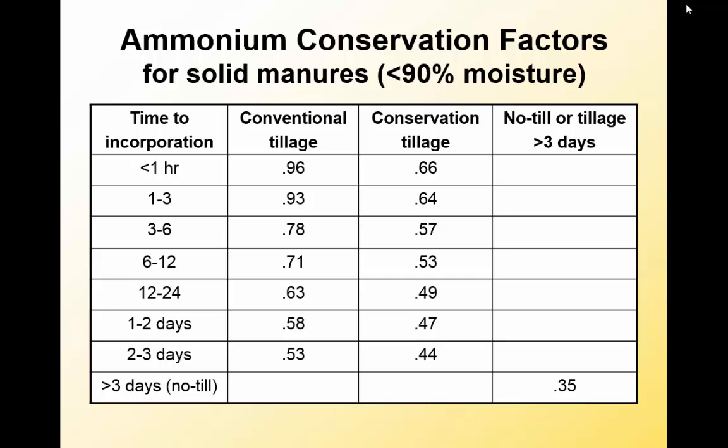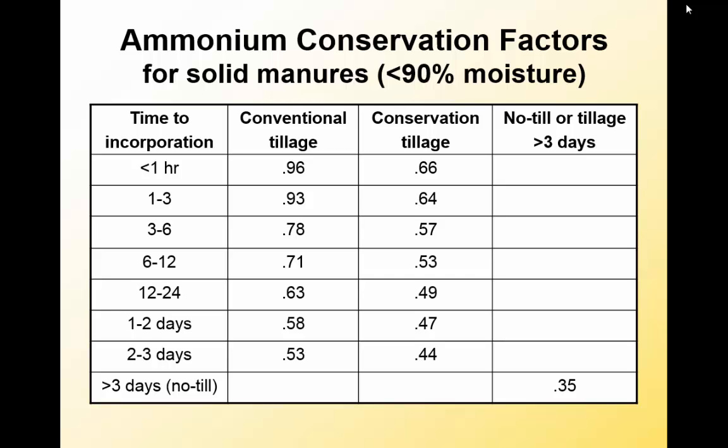But ammonium conservation depends on whether you can get it into the soil to prevent it from becoming a gas, going off as a gas. So if you can incorporate that manure within an hour, this is about application, you incorporate it within an hour in conservation tillage, 96% of that ammonium should be conserved. If it takes 2 to 3 days, half of that could become a gas and be lost.